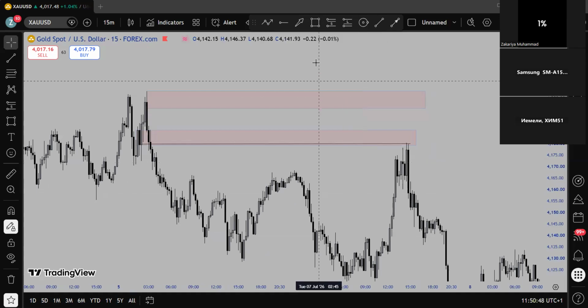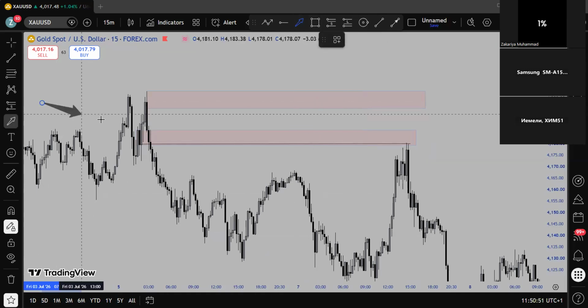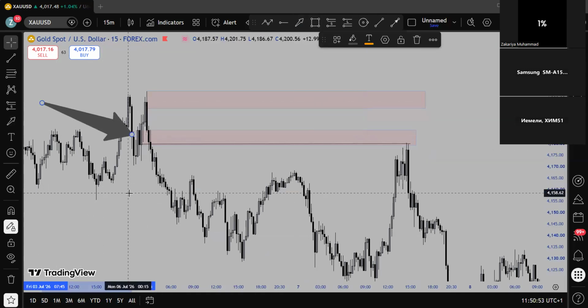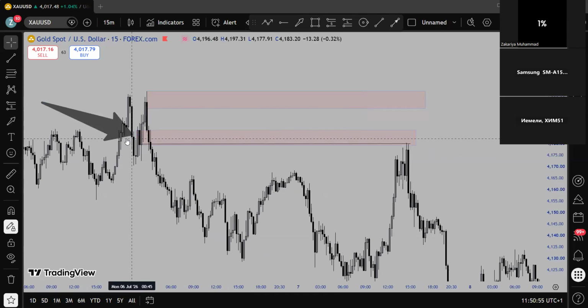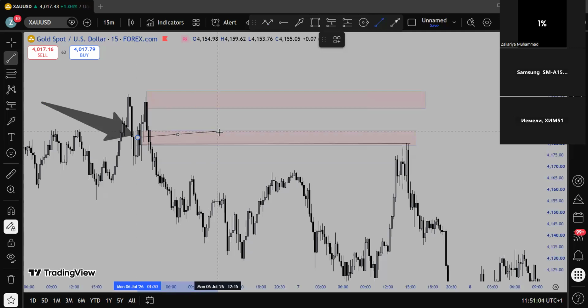Let's say in 30 minutes I have this breakup block, and in 15 minutes I also have this breakup block. That means I have 2 time frames telling me the same thing. So if I go to 5 minutes, I might find a zone inside it.